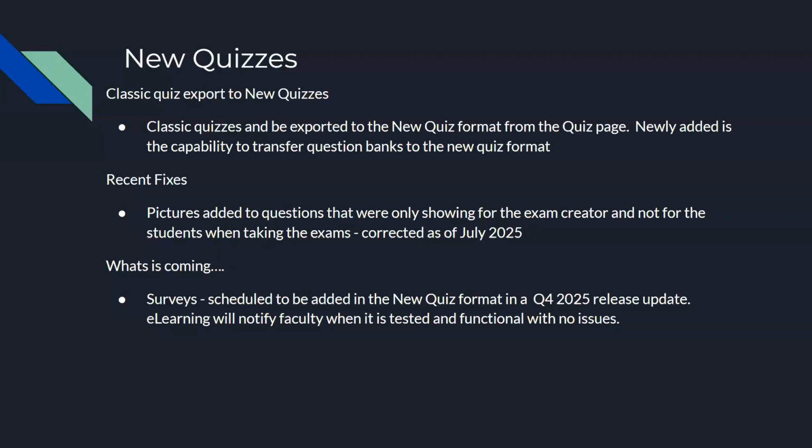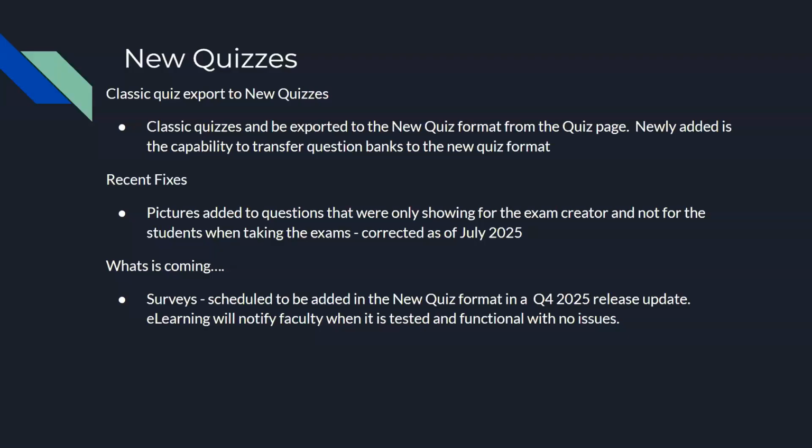Now you can export that information seamlessly from classic quiz format. You can move it from your item banks all the way over to the new quiz format. You won't lose your classic quiz format or your item banks. It basically moves it to a new bucket for the new quiz format. So you have the capability to transfer that information from classic quizzes to new quizzes, should you want to use it.